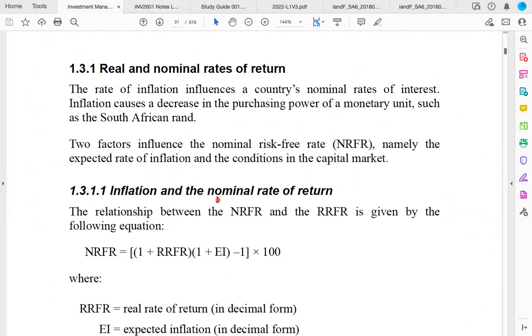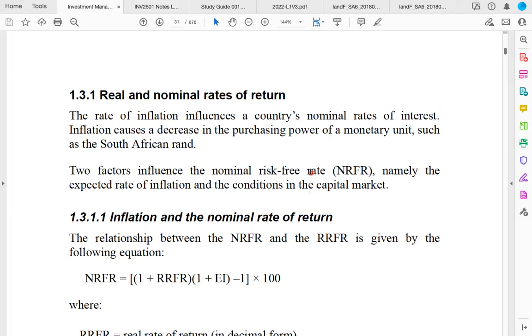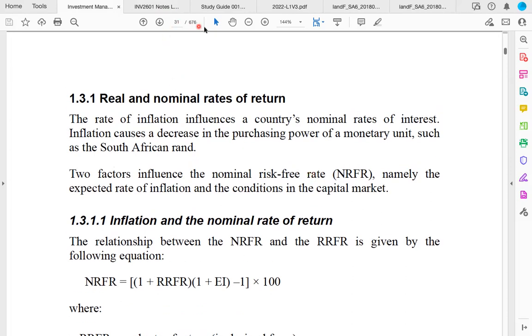When we talk about risk-free rates, we're talking about the interest rate that governments pay when they borrow. We assume governments to be risk-free borrowers. In a lot of countries, if the government borrows, we assume that the government will always pay back what they owe. So we say that governments are risk-free borrowers.